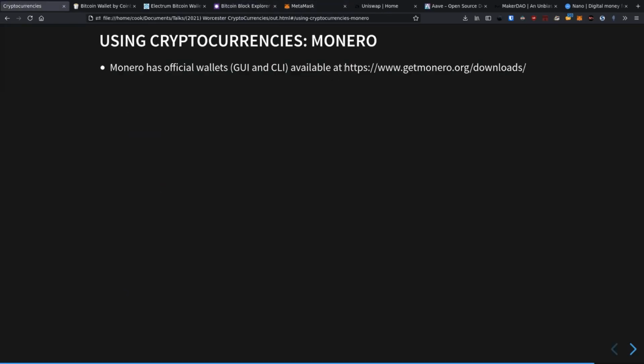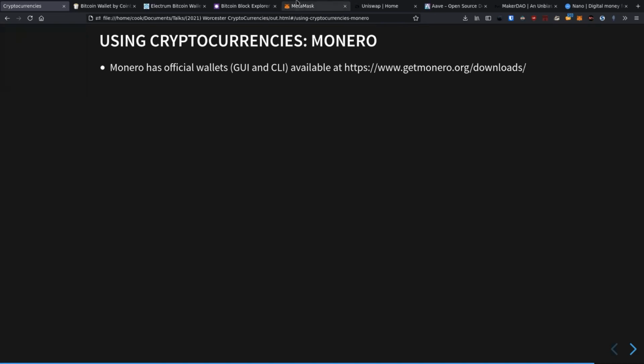Monero actually has a website where they offer official Monero clients. This is probably the best place to get a Monero client if you want it, because it's from the developers of Monero, and they have a GUI and a CLI application that you can use.